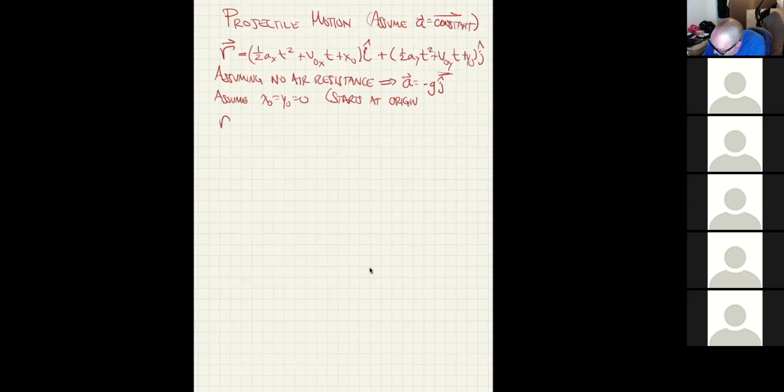then I can get r as a function of t being V0x, and I'm going to go ahead and say what this is: V0 cosine theta.